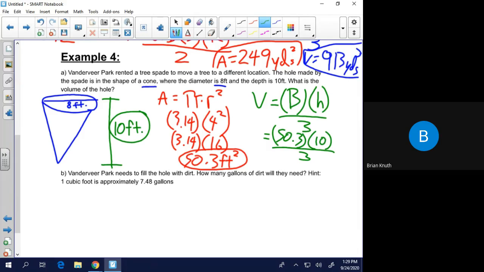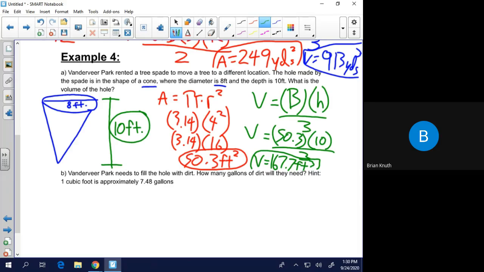When I plug that into the calculator, I will get a total volume of 167.7 feet cubed. 167.7 feet cubed is our answer.